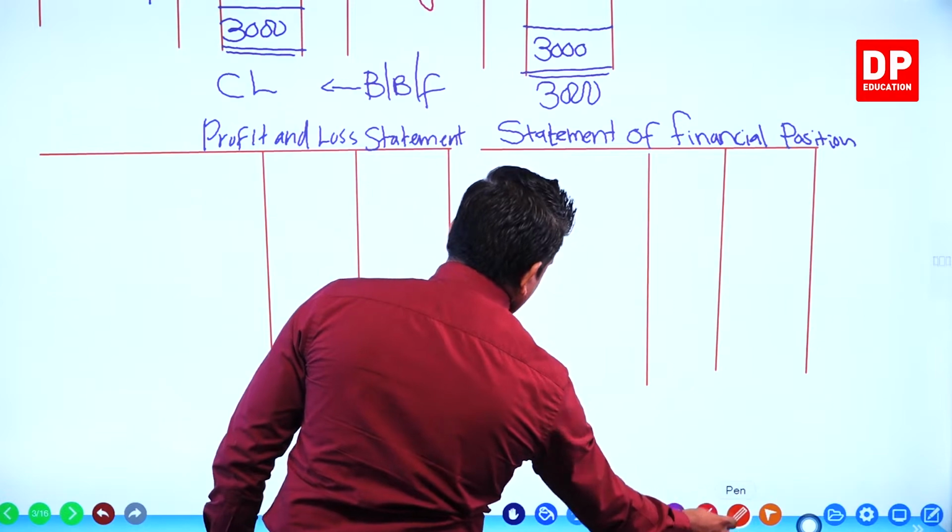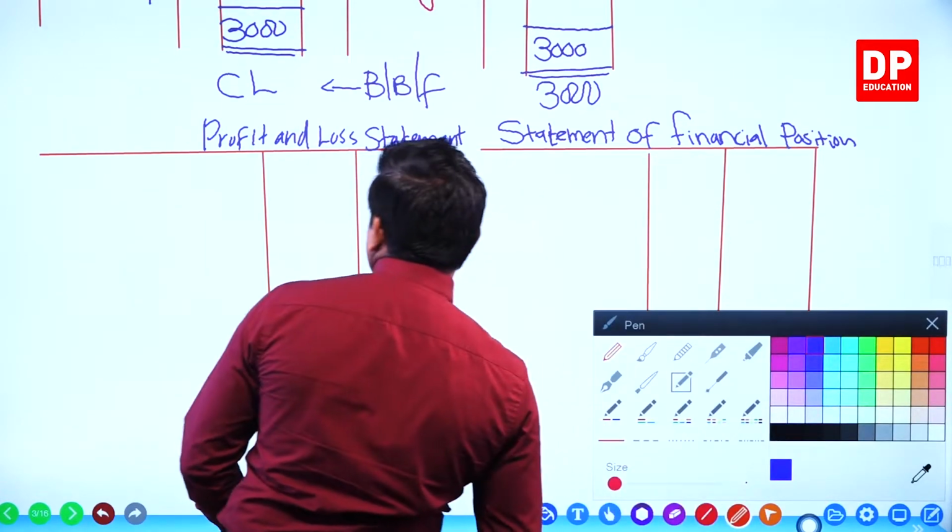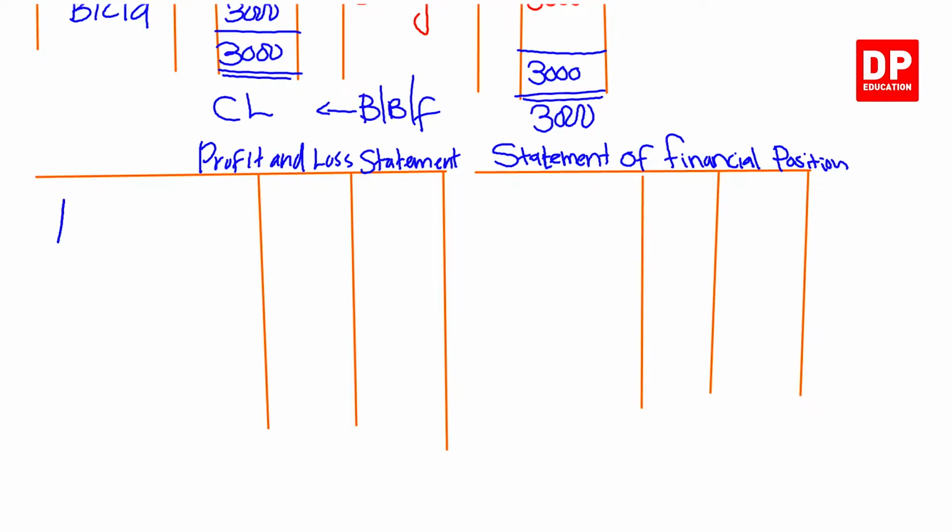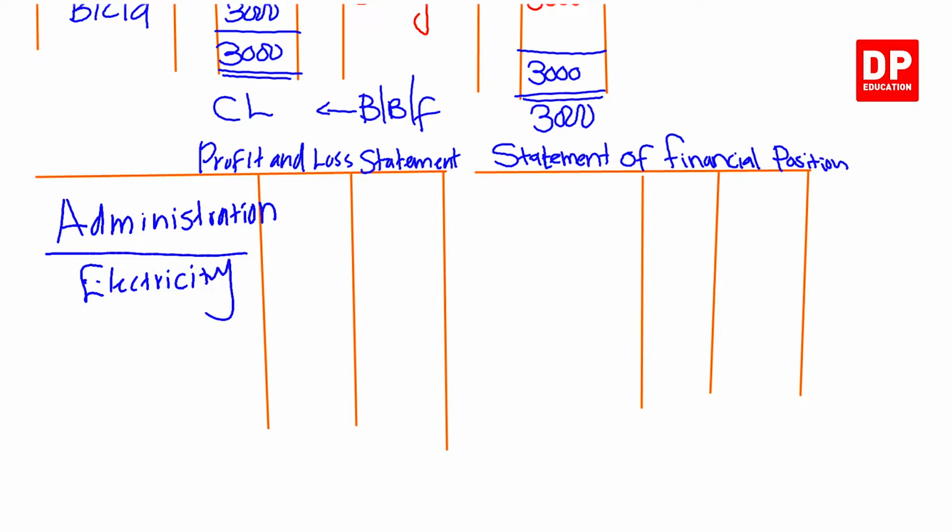Under the distribution category or administration category? Administration, right? Electricity, how much?